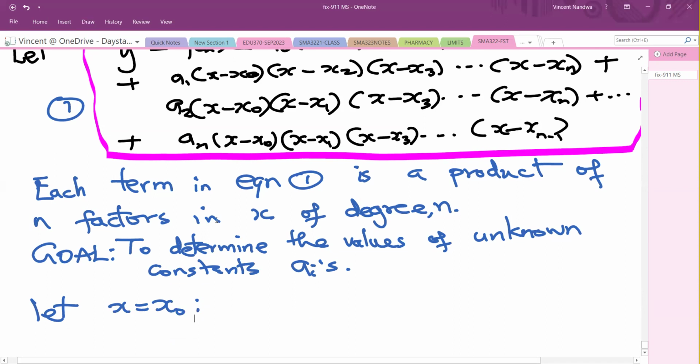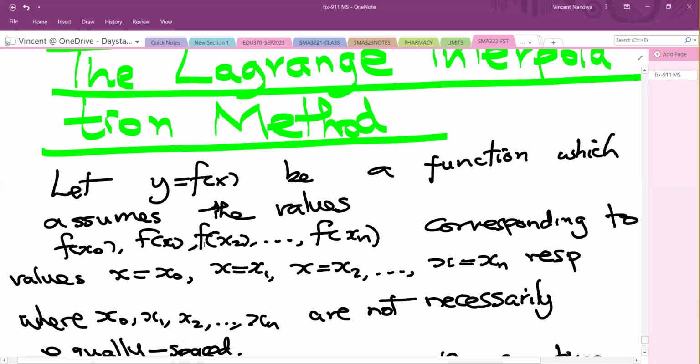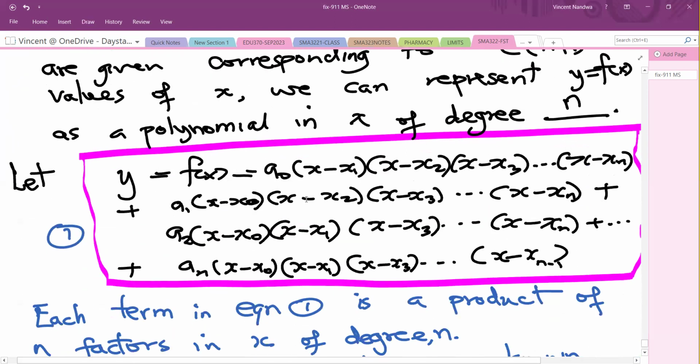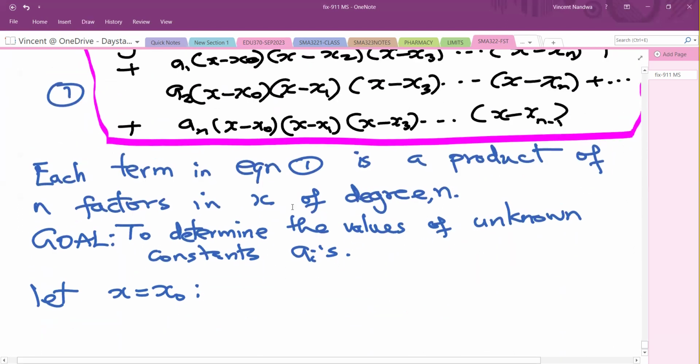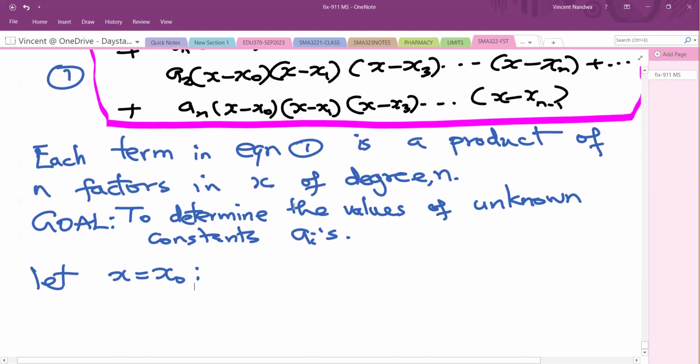Because we have been told that this function y equals f of x is defining the values of the function at x naught, x1, x2, x3 up to xn. So with this structure of the function, when I put x naught, it must still satisfy that equation. So putting x equals x naught, equation 1 becomes f of x naught.